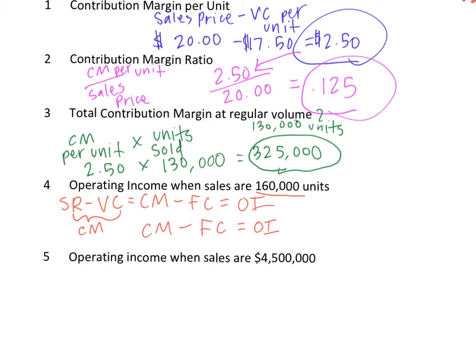The first thing we need to do is calculate total contribution margin when sales are 160,000 units. We're going to do that just like we did in our prior question. We're going to take contribution margin per unit of $2.50 and multiply it by 160,000 units this time to get total contribution margin at 160,000 units.